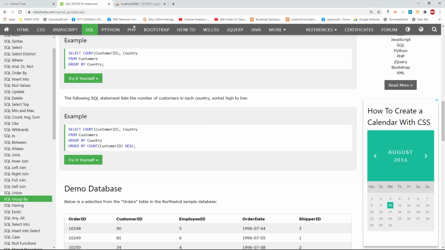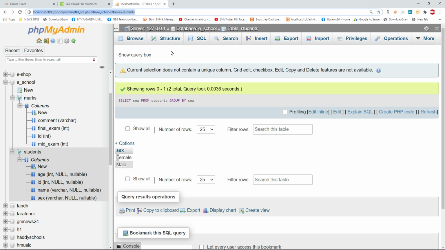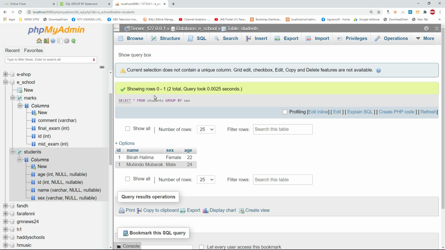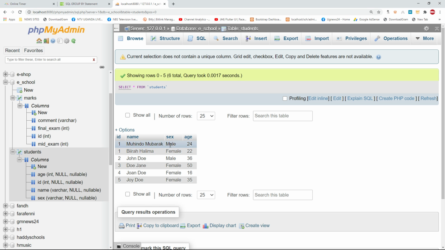So you can also sort. For example, assume that I selected all the information, and then I add a group by. Then you see, it brought for us the first information that it found. So if it found this guy, it will consider him as the only male, and then the rest will be ignored. But you can go ahead and still give conditions, for example, by ordering.